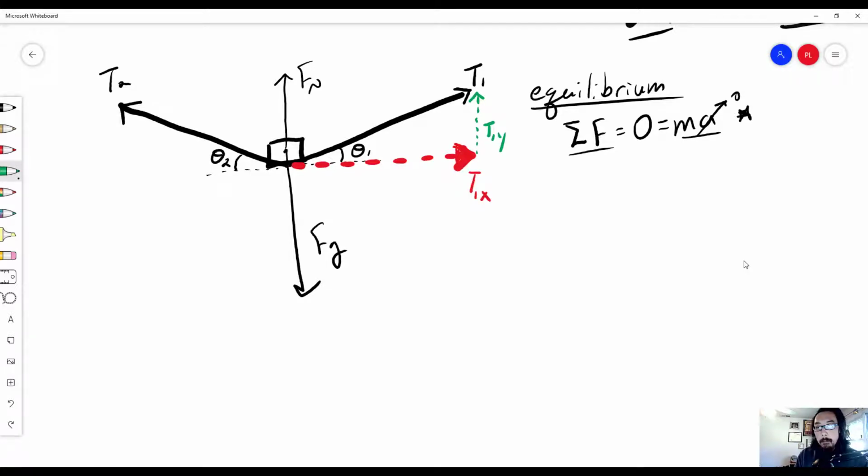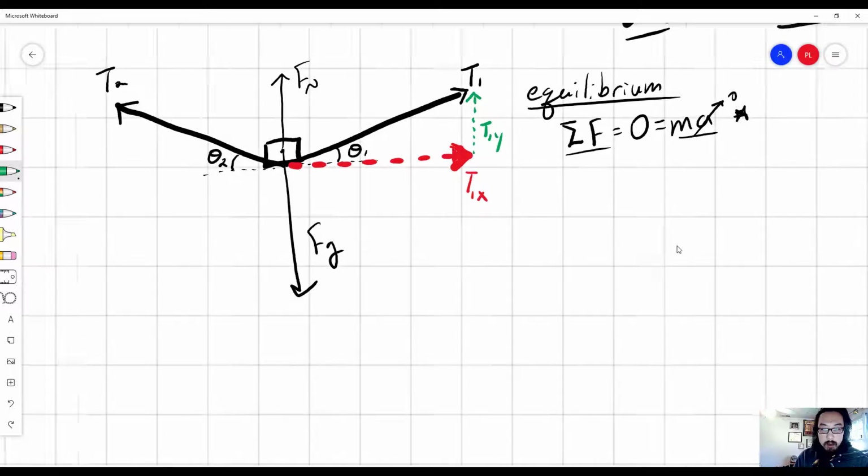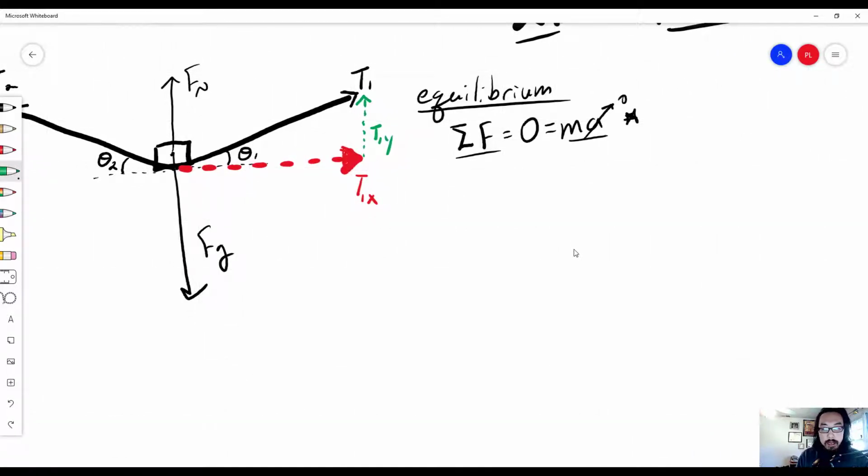All right, I'm going to do a little sidebar over here, and I'm going to create an equation for both T1x and T1y. Hopefully you watched the previous videos, so you should know that we're going to be using trigonometry here in order to figure out what to call T1x and T1y. So let's do the red one first.